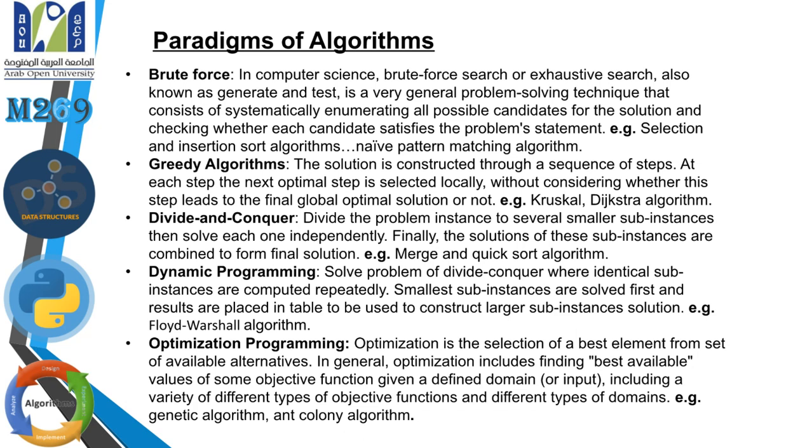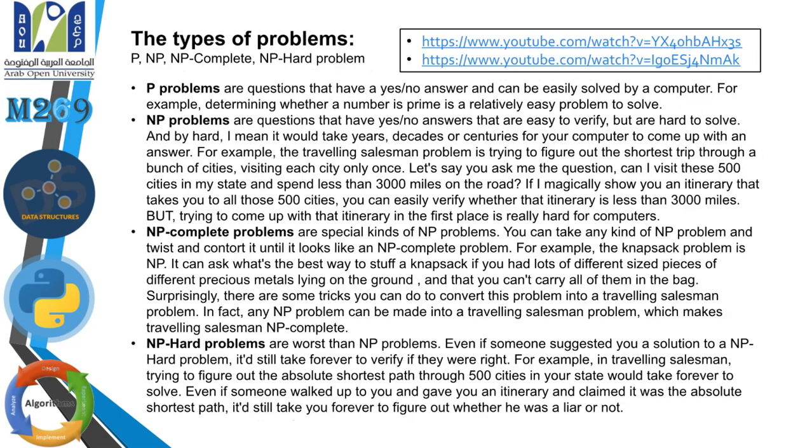We can talk about most of the optimization algorithms like genetic algorithms, ant colonies, and particle swarm algorithms. These are well-known algorithms that work on optimization. So optimization here means we are trying to find the best solution among different solutions.